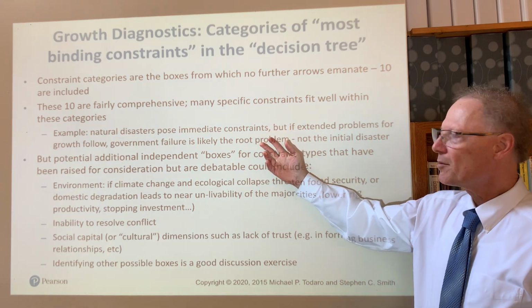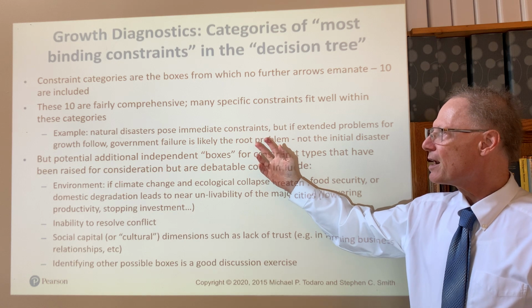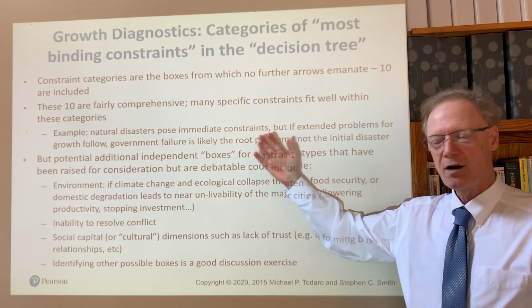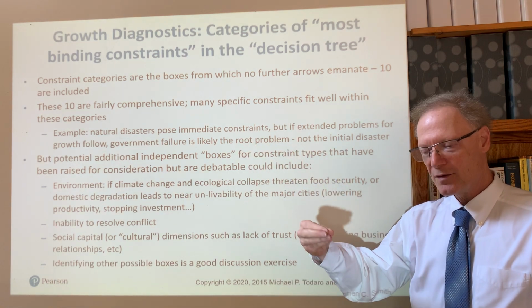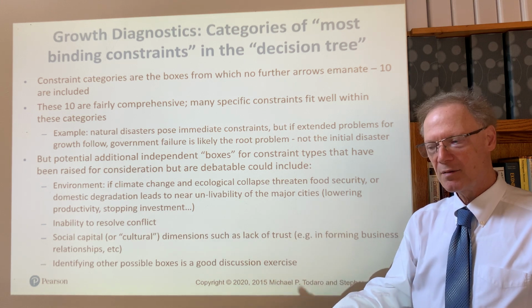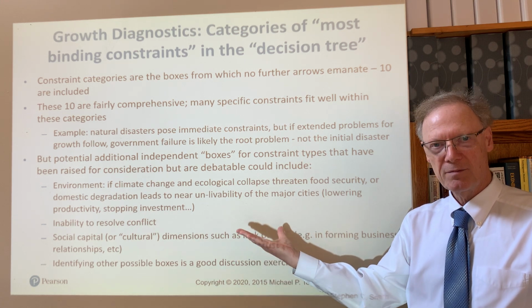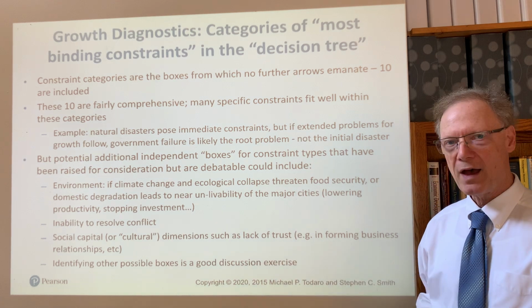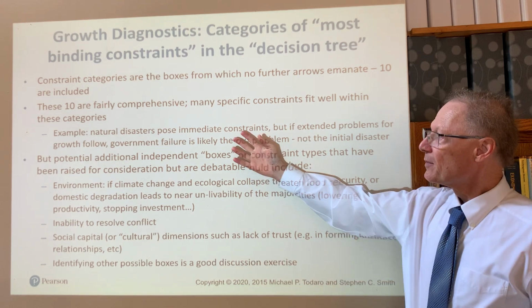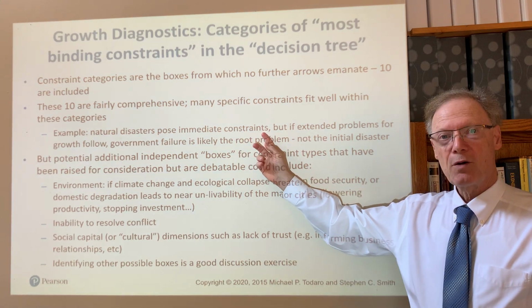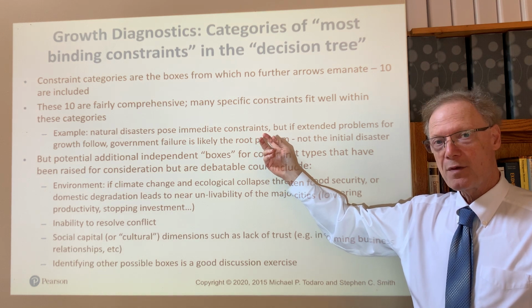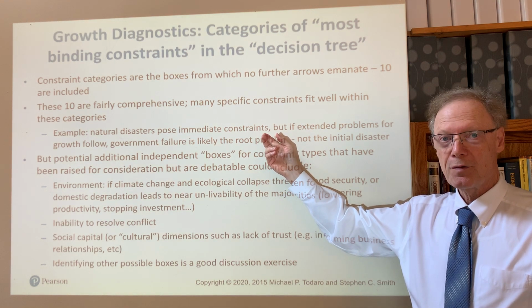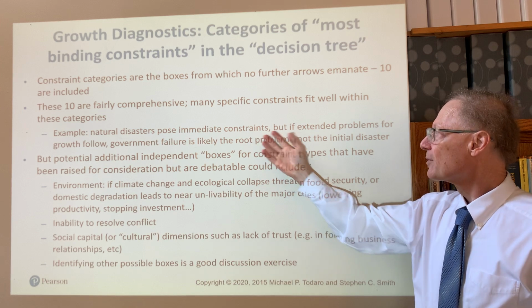One of the most common suggestions is that natural disasters are a key constraint that affect many economies and can be a reason why they're set back. And of course that is true. Undoubtedly, they pose immediate constraints, and we can think as an example of the great earthquake that hit Haiti.